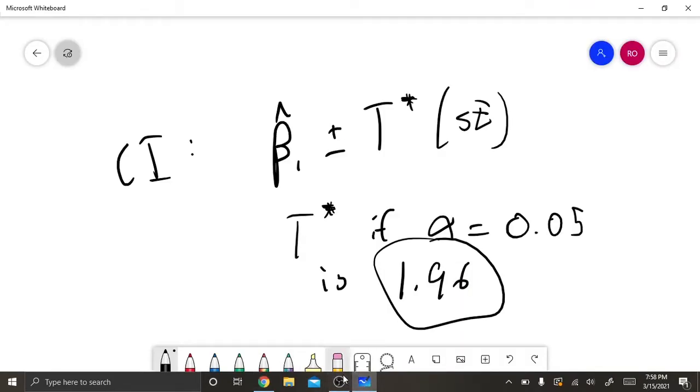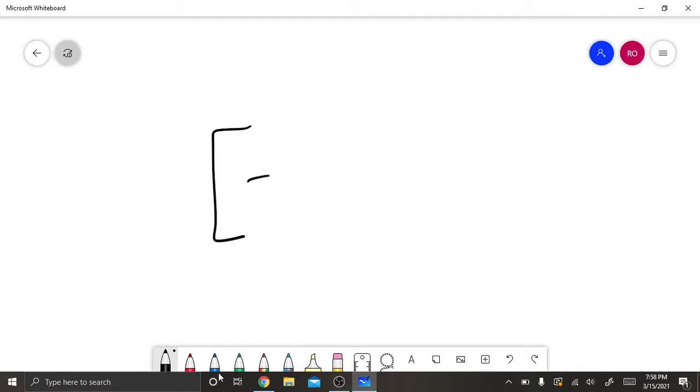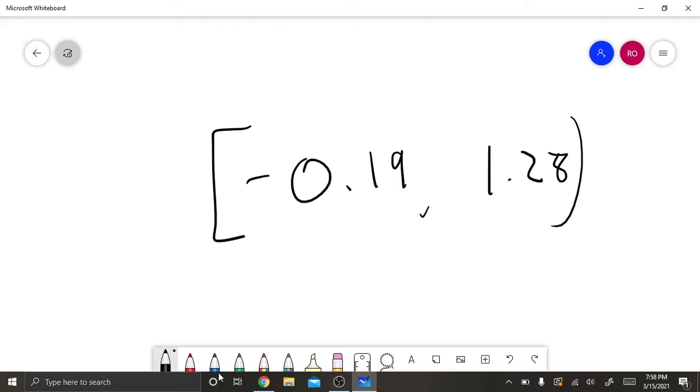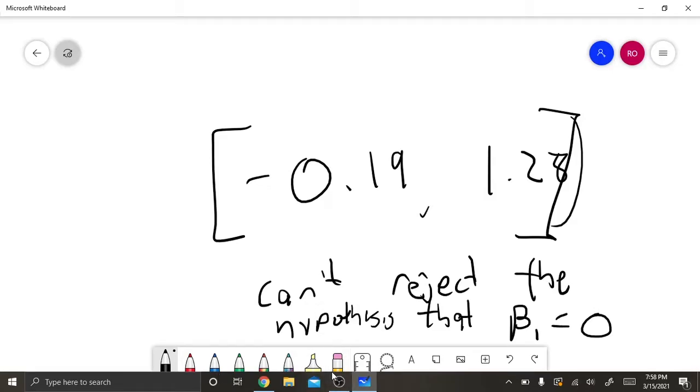So remember, if our 95% confidence interval looked something like this, then, for example, we can't reject the hypothesis that beta 1 is equal to 0, that there's no relationship between x and y.